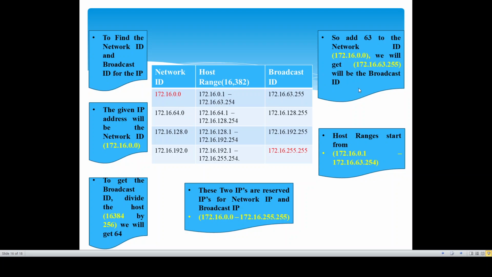It goes on by adding another 63 for the next network, so we will get the answer till 172.16.255.255. This is the way we are able to calculate the IP address. Subnetting works with the help of this method.